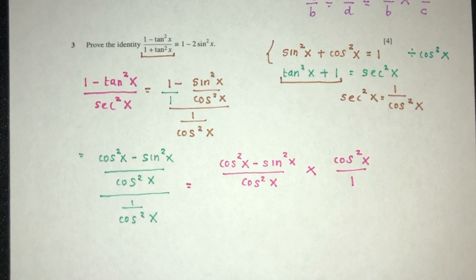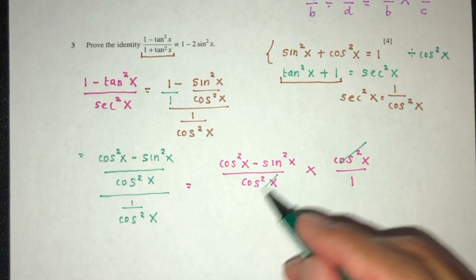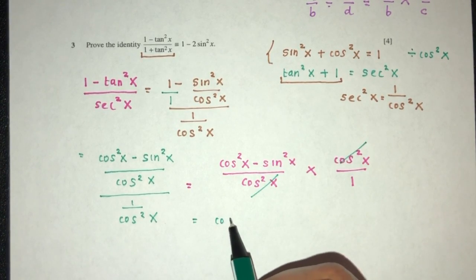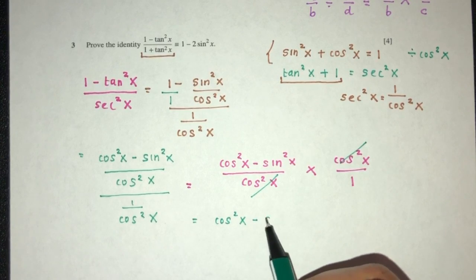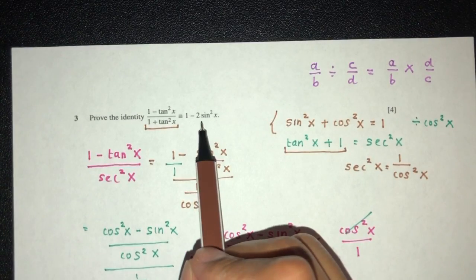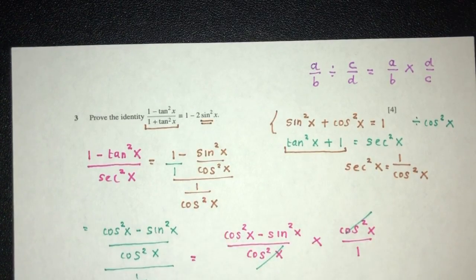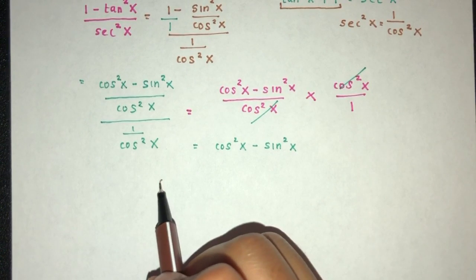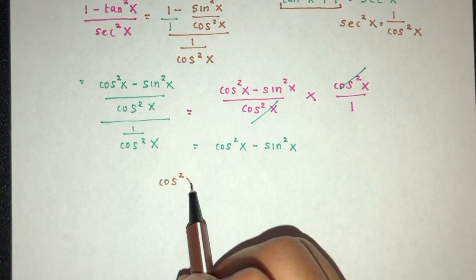Now as you can see, this and this will obviously cancel out, so you will have cos square x minus sin square x. But your answer here only contains sin square x, so we can change cos square x to what?